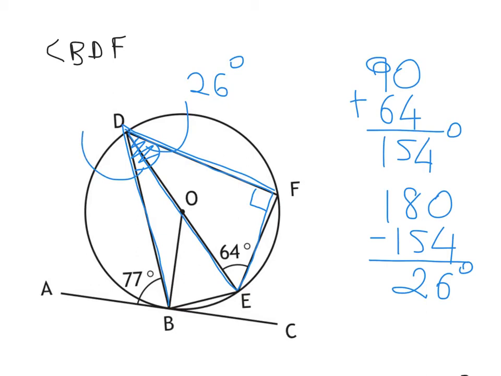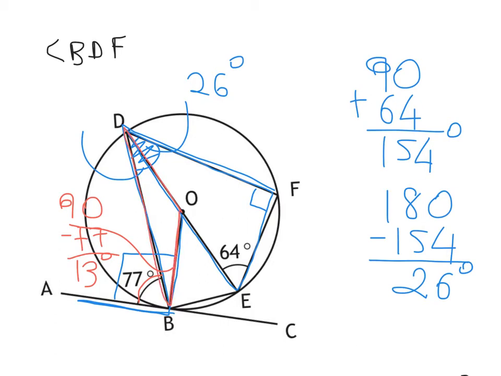Now another thing that I can see is that I've got a radius and a tangent, which means this angle here must be 90 degrees. We can see that most of it is 77 degrees. So to get this small angle here, it would be 90 take away 77, and that is 13 degrees. Now, the next thing that I can see is this is an isosceles triangle.